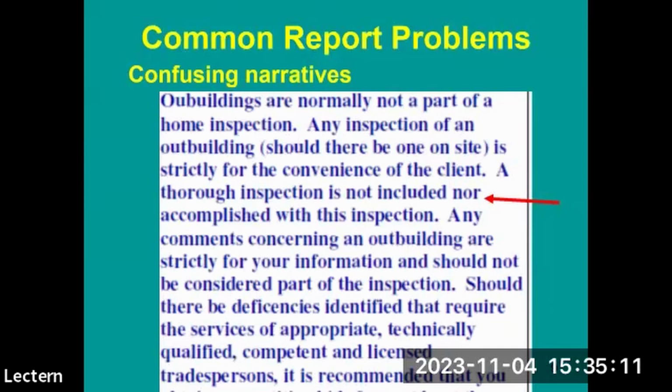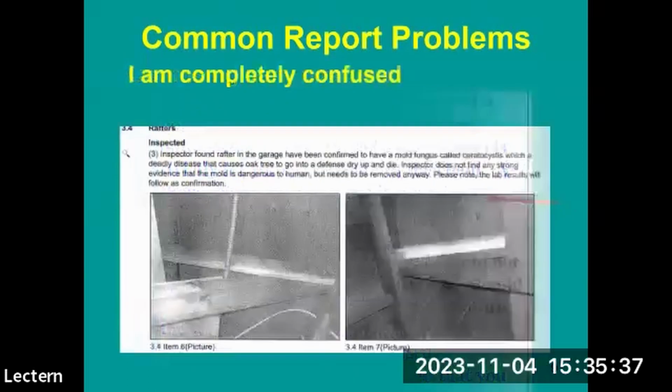But if the outbuilding has its power coming from the main building, you have to inspect it because it has a panel that is part of the electrical system. Yeah, but it's a separate building. Yeah, that's a good point. That's another day's debate. We could spend 20 minutes on that one. But good point. Thank you.